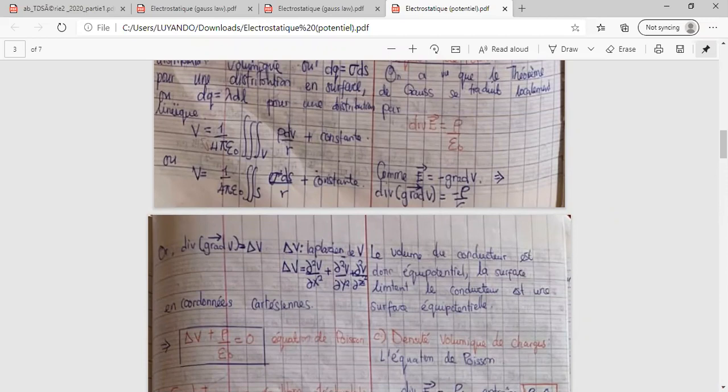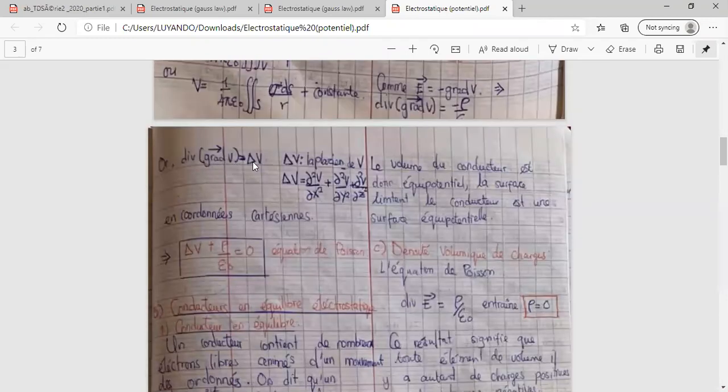So let me draw. From our divergence equation of Gauss, the divergence of E is equal to rho over epsilon 0.